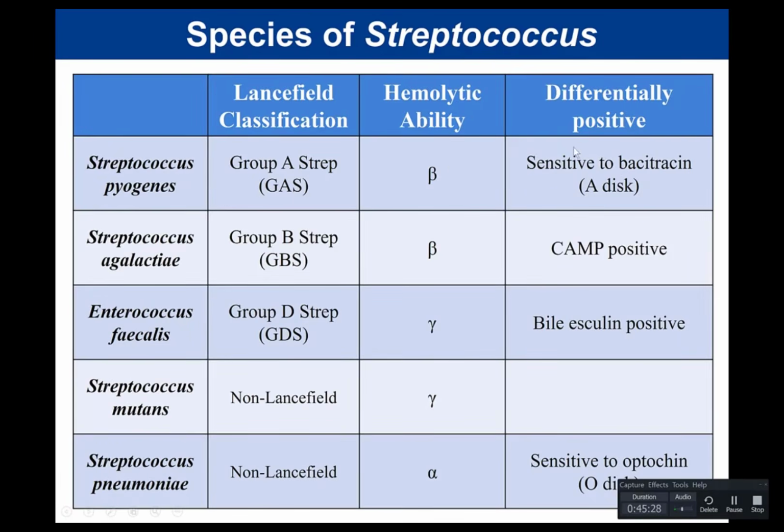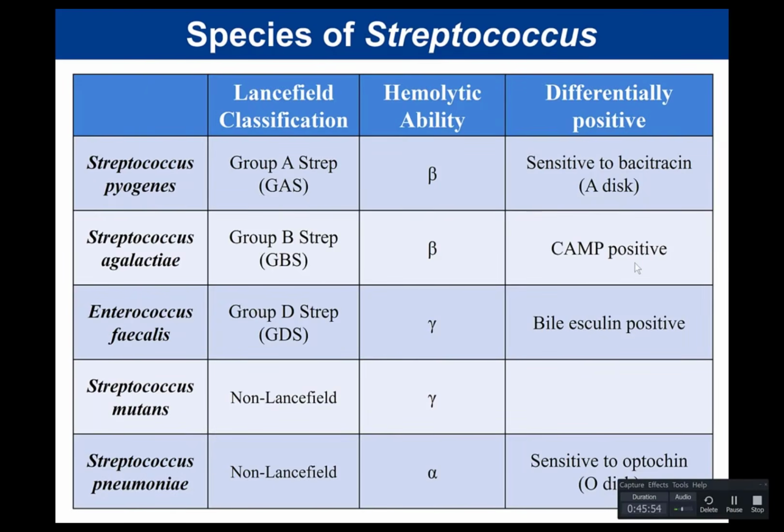And you need to know that the differential test to identify strep pyogenes is sensitivity to bacitracin. Strep agalactiae would be your group B strep. It is beta hemolytic, and its differential test would be that it is CAMP positive. It has that triangular synergy between that strep and Staph aureus.